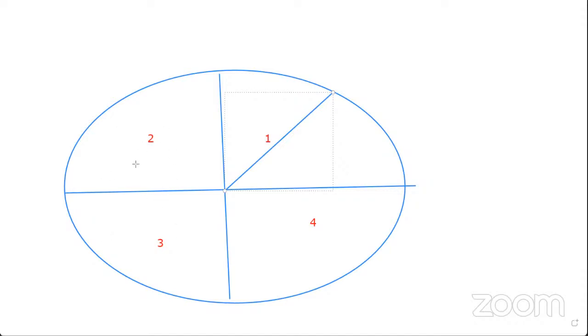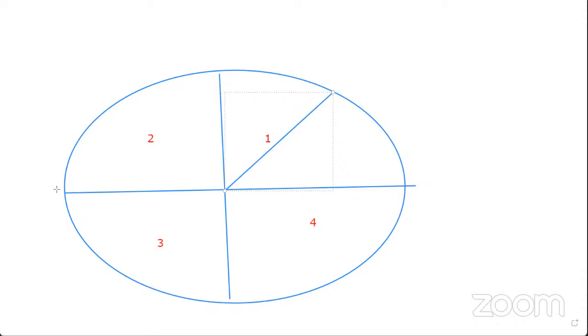If it comes to the first quadrant again, that means something below 450, because 360 plus 90 is 450. Between 360 and 450, it is always an acute angle.